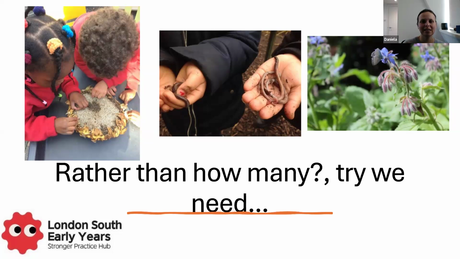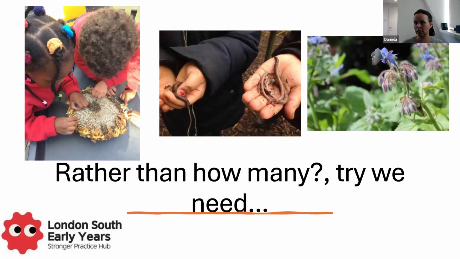Now, the reason I've written here that we could try we need rather than saying, oh, how many have you got there? Often practitioners might say, oh, how many? In a construction activity or when a child has gathered up a little collection of things, and children might be put off by that finite question.